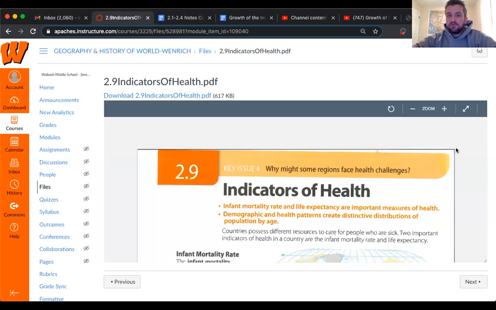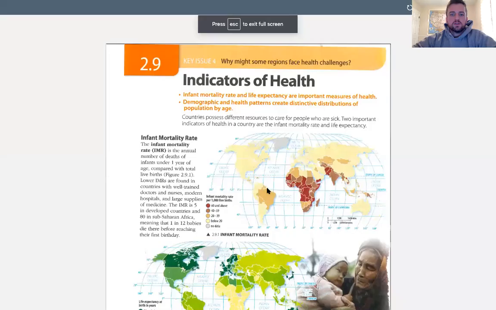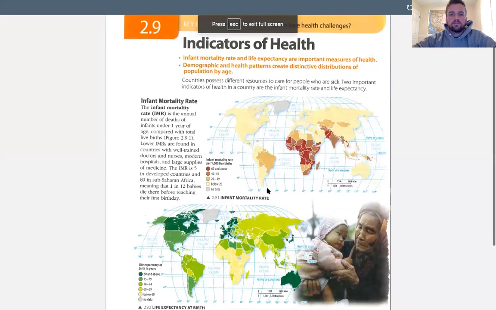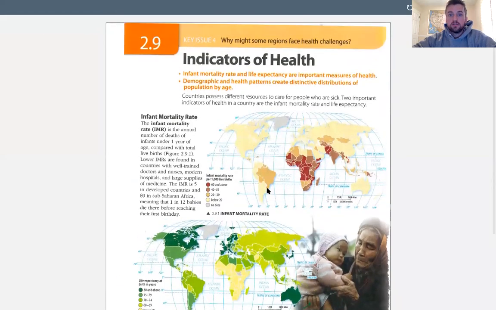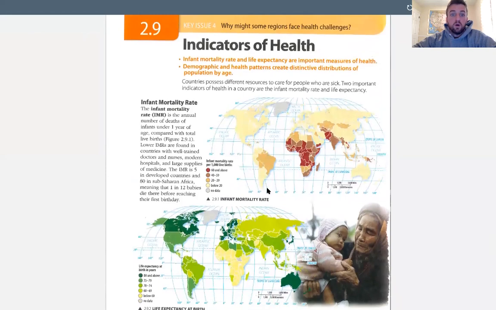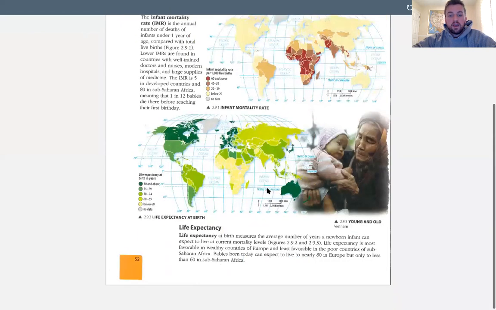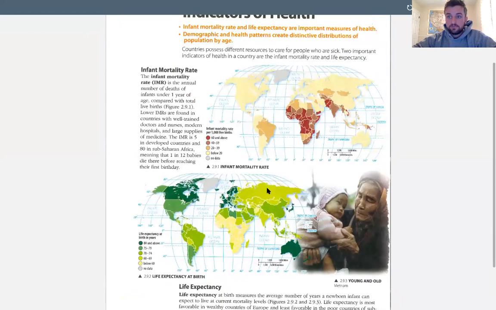And for right now, you're in class, right? So, hey, indicators of health. This is the section. There's a couple of stats here that measure indicators of health. One, infant mortality rate: the annual number of deaths of infants under 1 year of age compared with live births. And two, life expectancy.